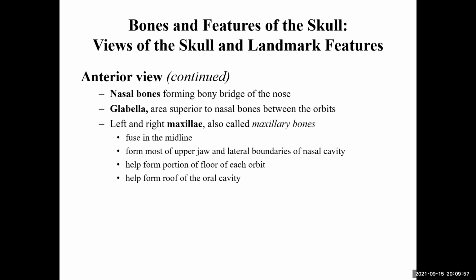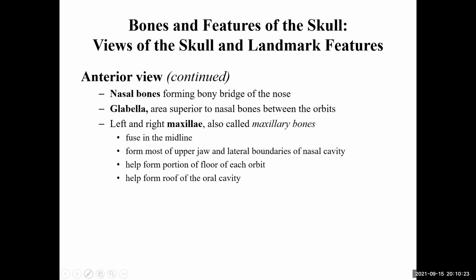Now you have another bone, on the anterior view, and this makes up the upper jaw. Where your top teeth insert into the bone of your top jaw, right beneath your nose, that bone is called the maxilla, and you can spell it just like it is there in bold, or you can call it the maxillary bones.